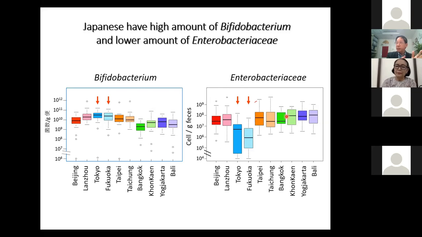You know that lactose is one of the main sources for Bifidobacterium, but we Japanese cannot digest lactose. That's why the lactose abundance is very high in our bowel, and we can grow a lot of bifidobacteria in the intestine. So that is one of the reasons.